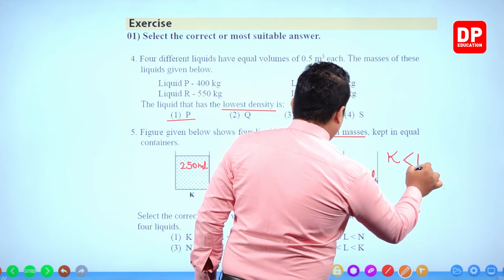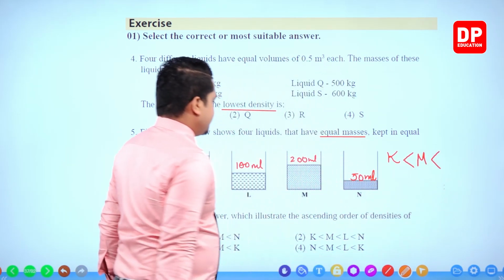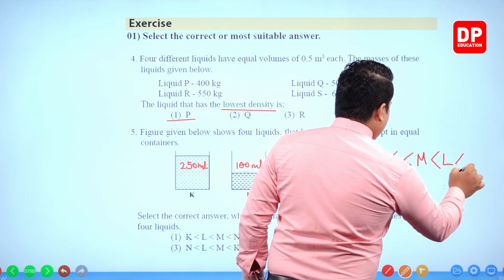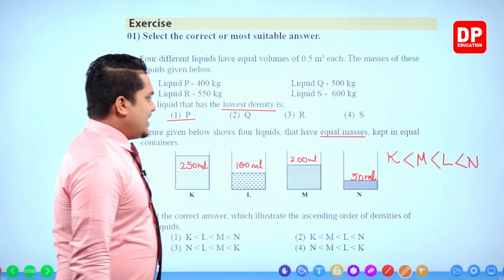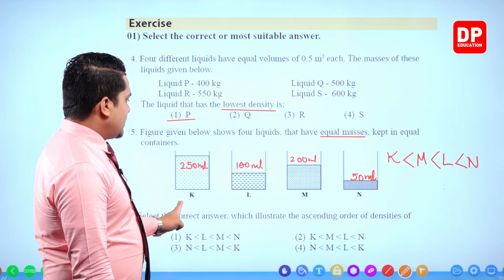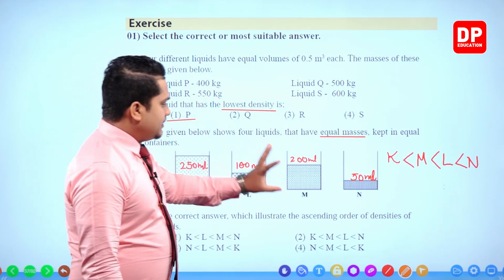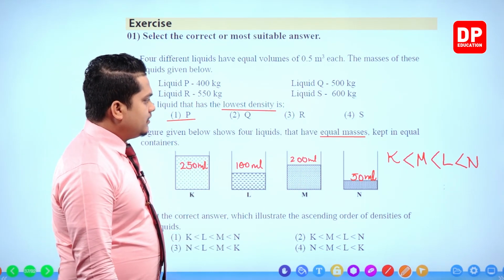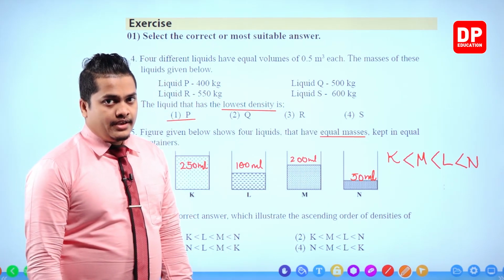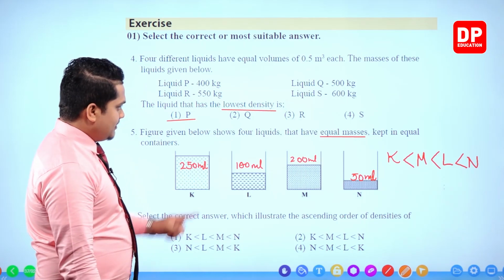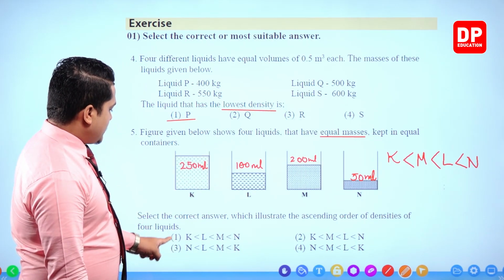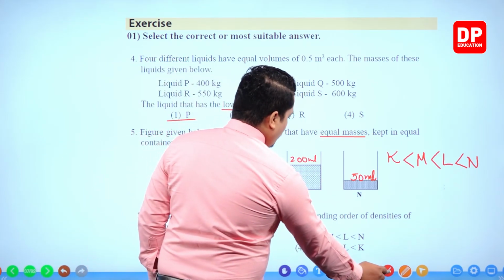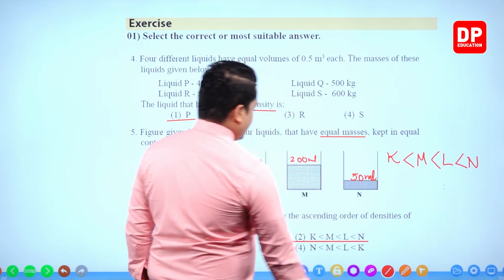So it is M. Then after M, L. Finally, N. So K is the one which has the lowest, then somewhat greater in M, again somewhat greater in L. Highest is in N. So select that order from these options: K, M, L, N. So the second one is our answer.